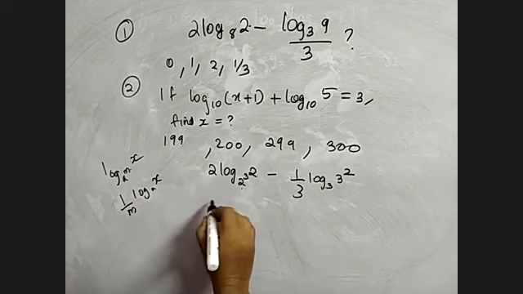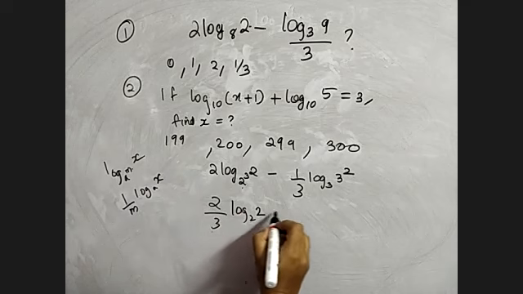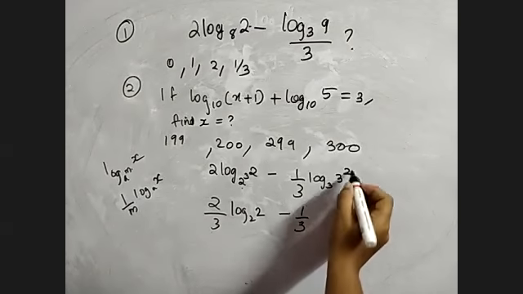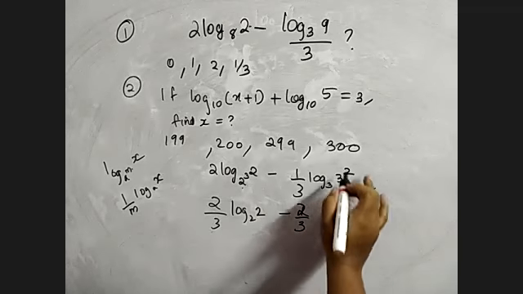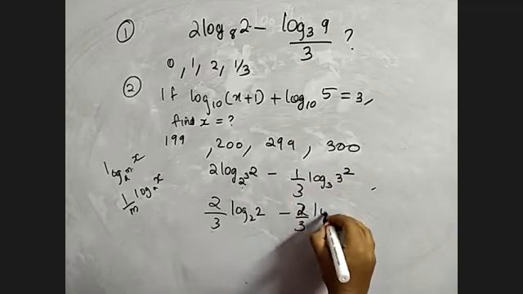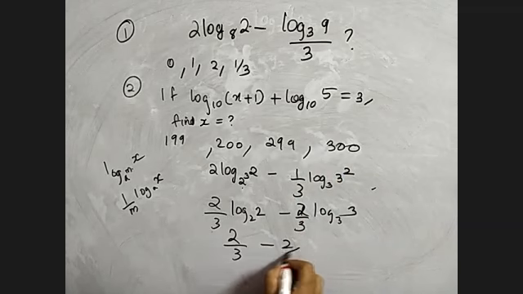So here I'll write 2 by 3 log to the base 2 of 2 minus 1 by 3, the square I can bring in front, so 2 by 3 log to the base 3 of 3. So that is 2 by 3 minus 2 by 3, which is 0.